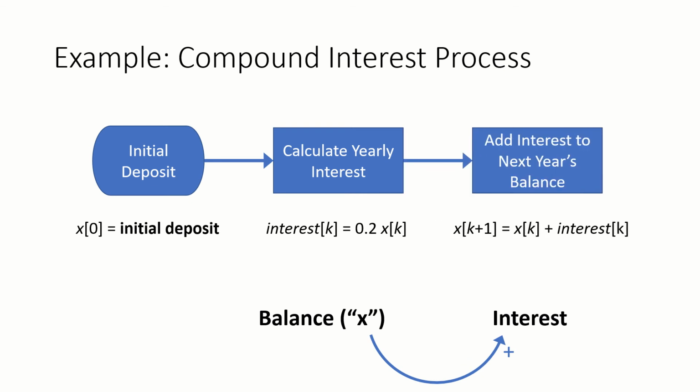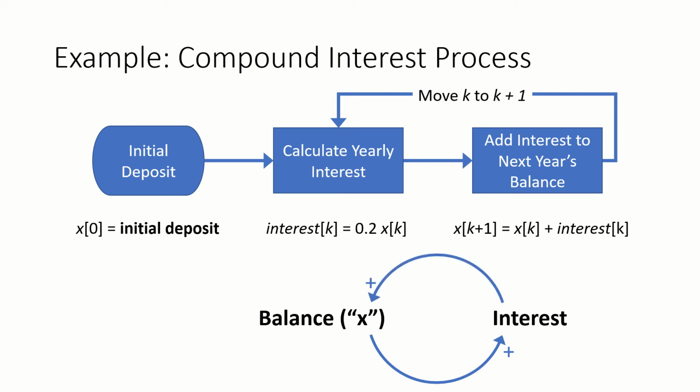So then, I think, all right, next year, I'm going to take my old balance, and I'm going to add that interest, and that will go into my new balance, not the tennis shoe, but the bank account. And then that will then iterate so that next year's balance will be larger. And so if I increase my interest, I'm going to increase my balance. And so that suggests another causal loop.